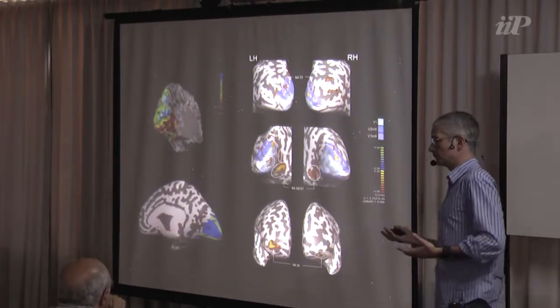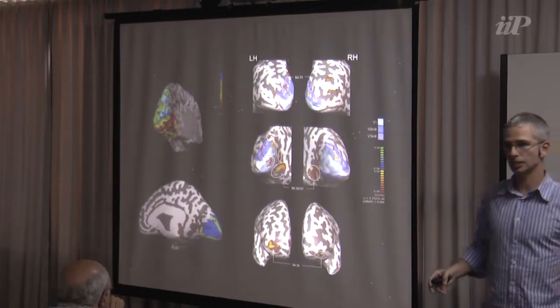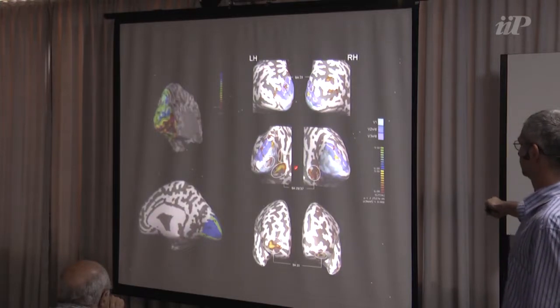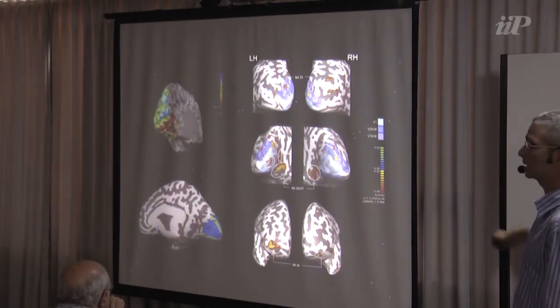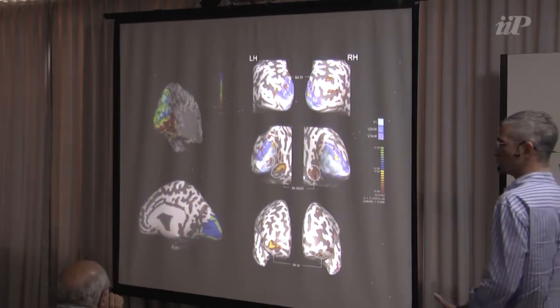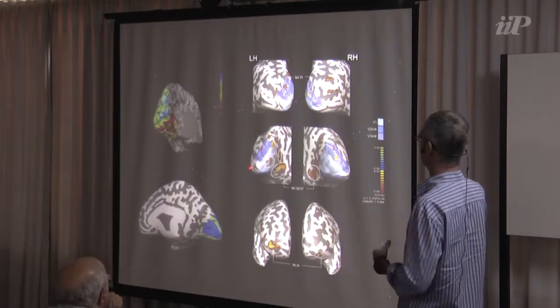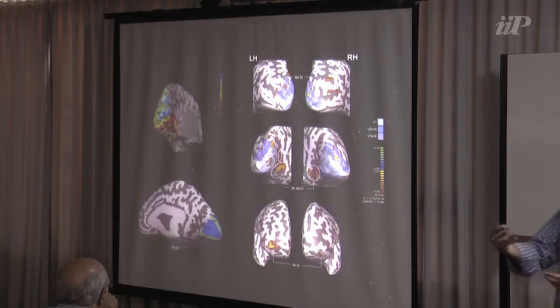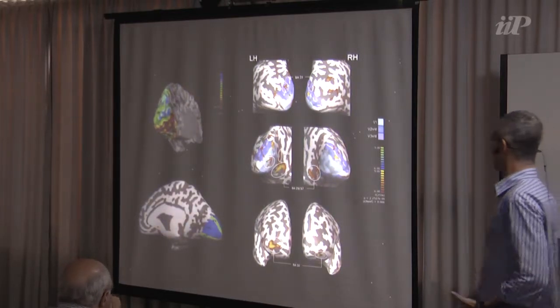Some papers say that it doesn't, and some say that it does. What we are showing here is that in this case, it seems it does. The primary visual cortex and many different structures of the visual cortex get modulated by the tea and the mental imagery.